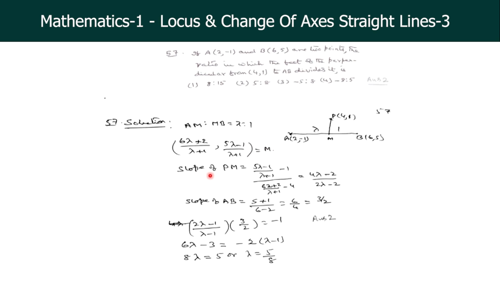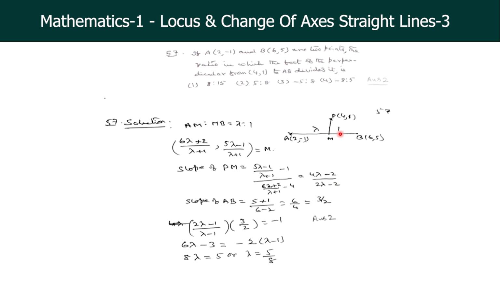So therefore the slope of PM is ((5 lambda minus 1) by (lambda plus 1) minus 1) by ((6 lambda plus 2) by (lambda plus 1) minus 4). On simplification it is equal to (4 lambda minus 2) by (2 lambda minus 2). But the slope of AB is equal to (5 plus 1) by (6 minus 2), which is 3 by 2.